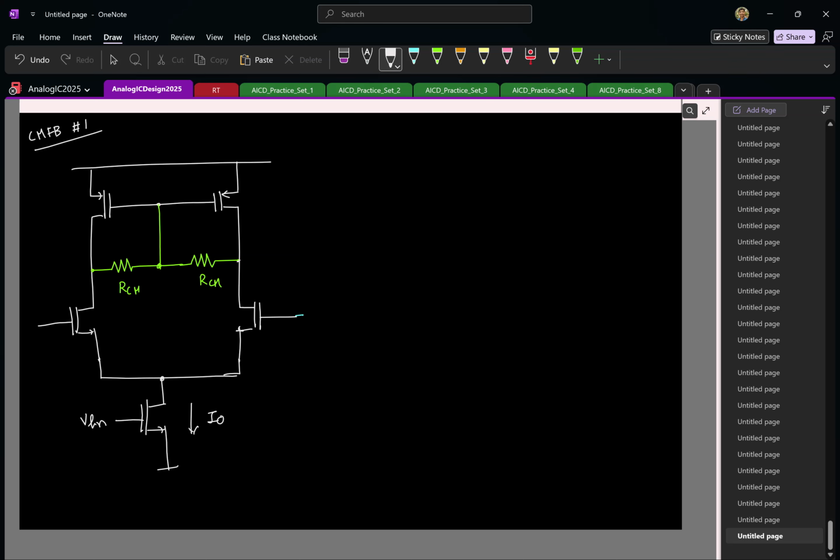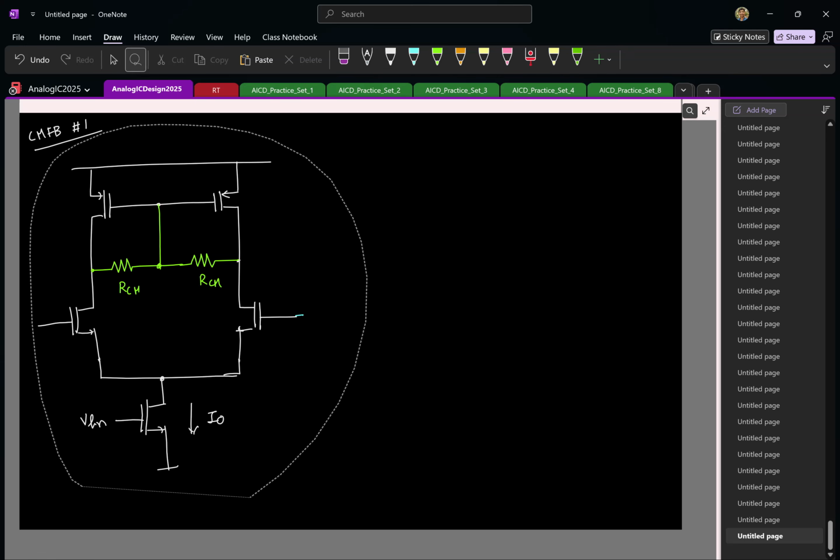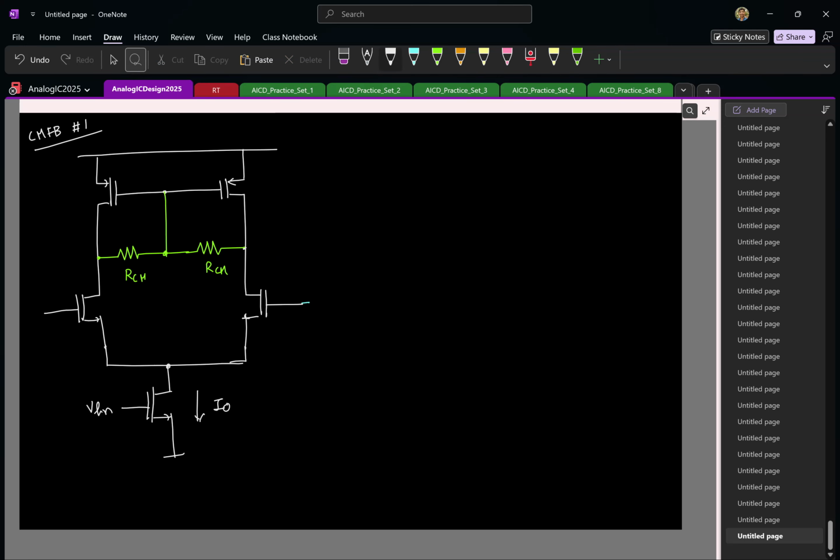So now tell me what will be the output common mode in this case? That is, what will be the DC bias at the output? What do you think the output bias will finally settle to?